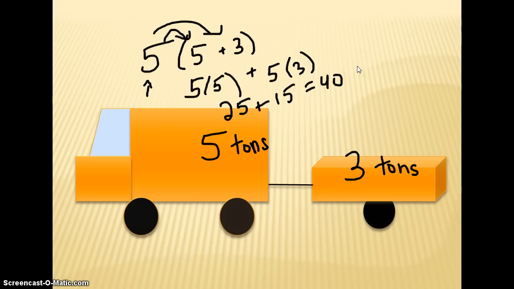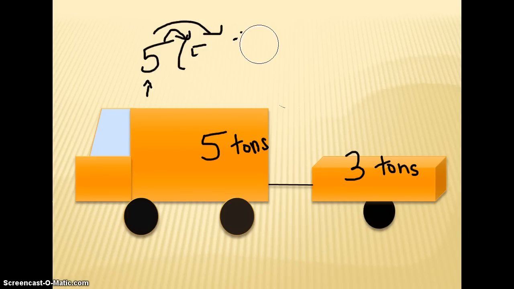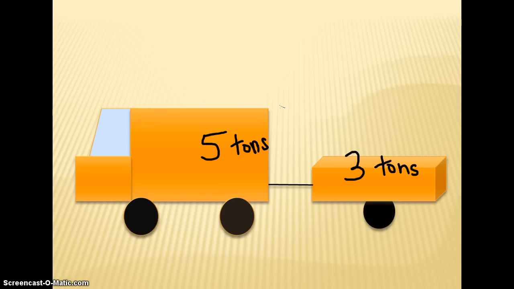Okay? We could come up with an equation for this. So let's change this now, and let's say that the truck can carry 5 tons every time, and the trailer can carry X amount. So then we can say any number of trips.